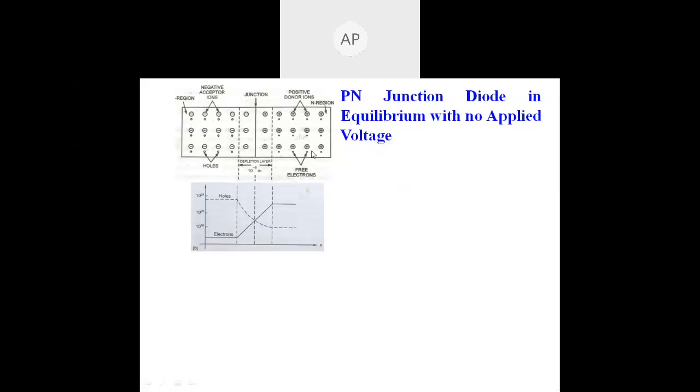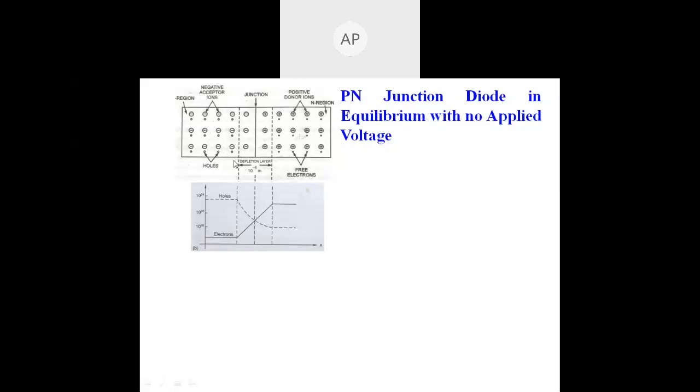So they have a concentration gradient, which is represented like this. For the P region, the electron concentration gradient is large, whereas the holes are the majority carriers and their concentration is large, which is represented by a dotted line. So this is the hole and electron concentration.